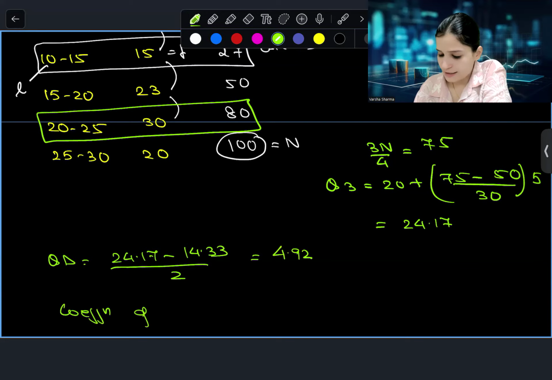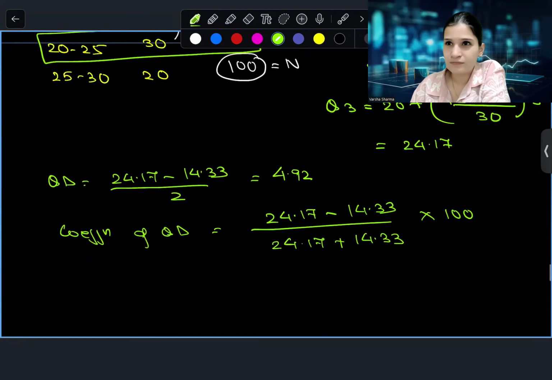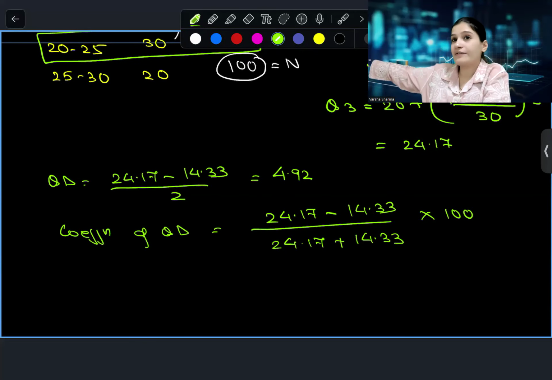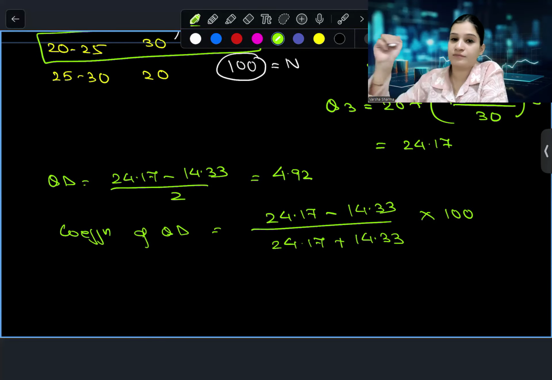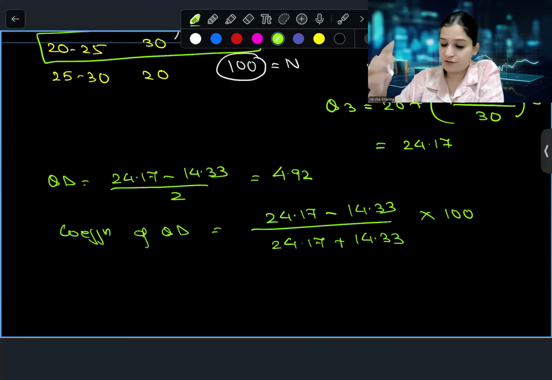Coefficient of quartile deviation is (Q3 minus Q1) by (Q3 plus Q1) into 100. Don't put the value of the quartile deviation, the one divided by 2, in the numerator. 25.55%. Very good.